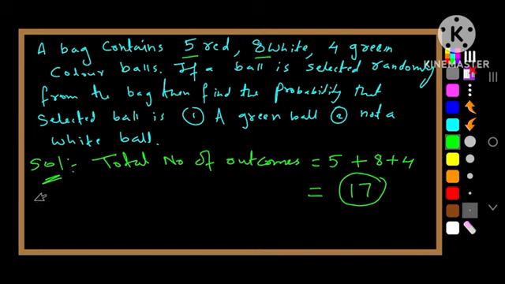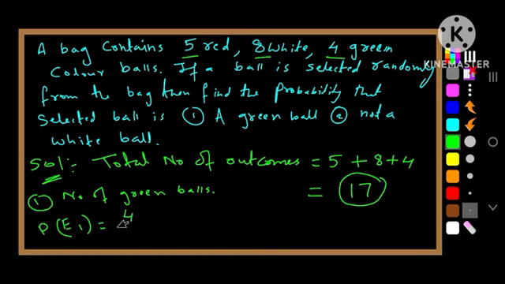So the first condition is the number of green balls. Let us take the event as E1, that is of getting a green ball. How many green balls are there? 4 green balls are there. So 4 by 17 is our probability. So this is the first answer, of getting a green ball.